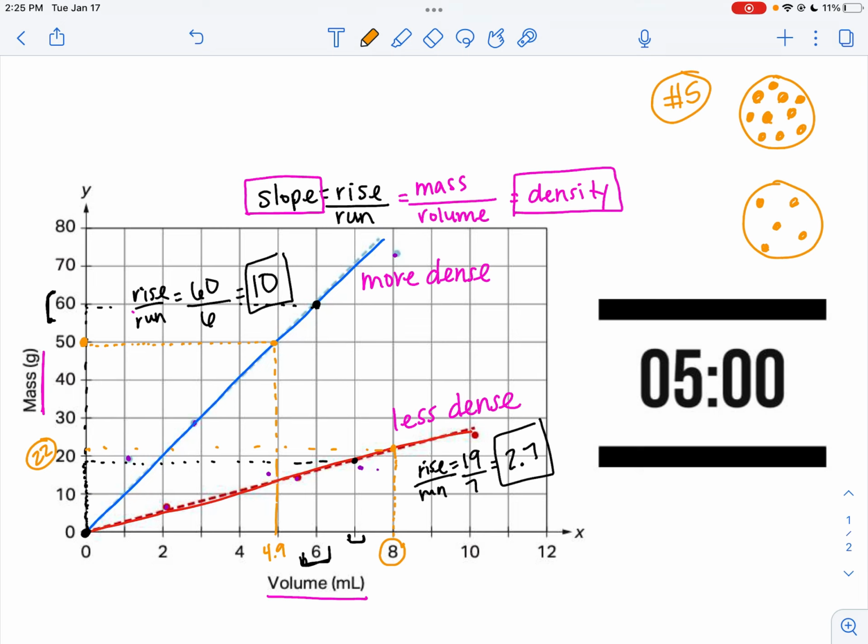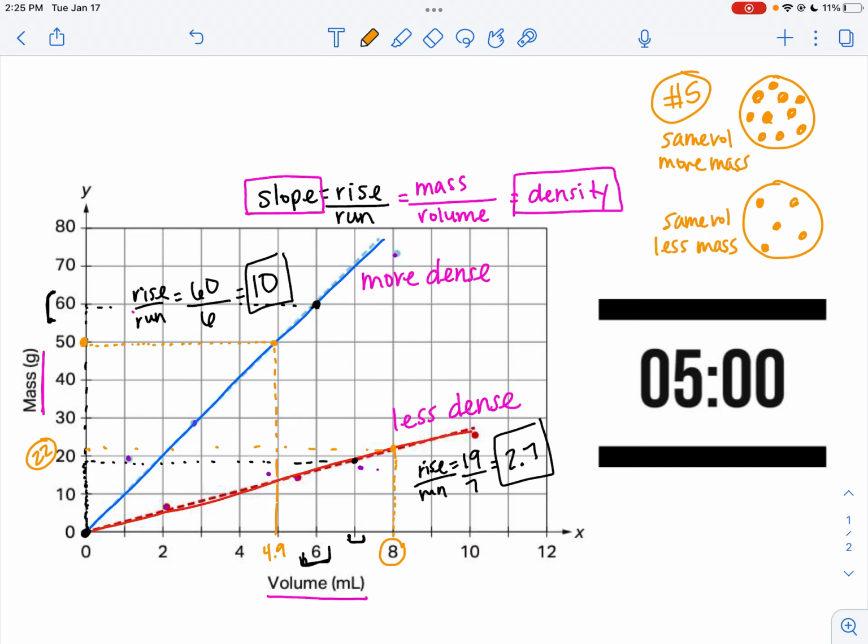So what this drawing is showing us is 2 circles that are the same size, so both of these pieces have the same volume. But we can see that this first sample has a lot more particles than the bottom sample does. So that means that this one has more mass, and this one has less mass, fewer particles.